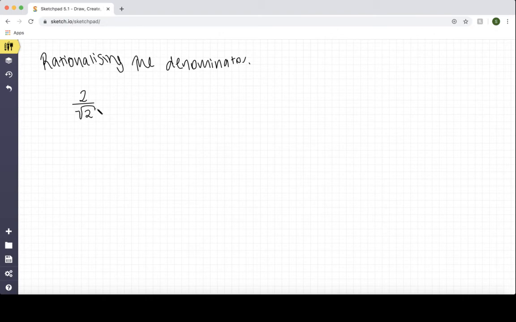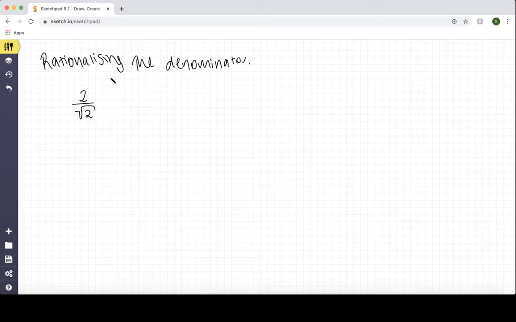Okay, so a number that has a square root where it can't be simplified is irrational, whereas just a number like this is rational. Okay, so we want to change this, the square root of 2, into a rational number, so we want to get rid of a square root, essentially.